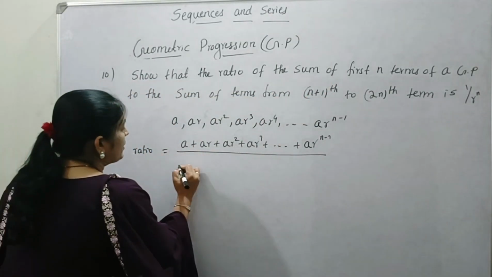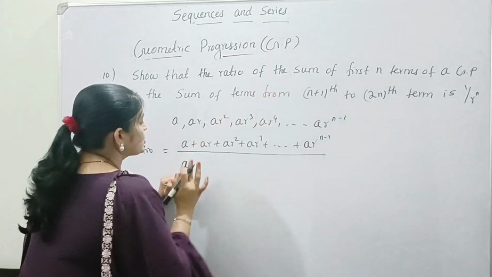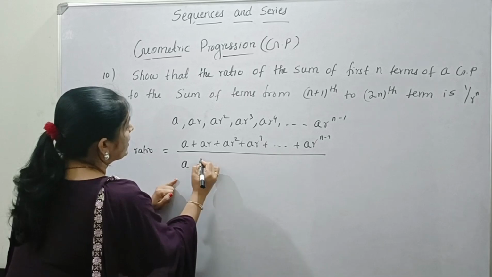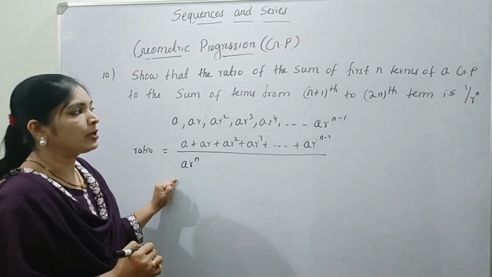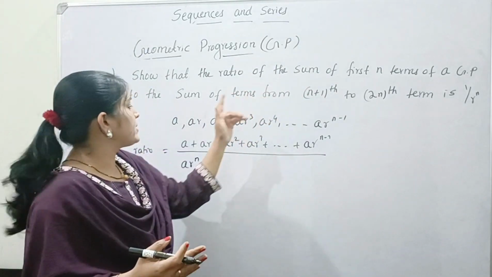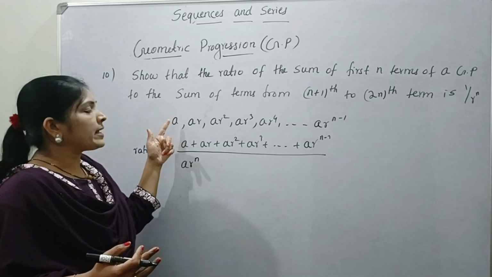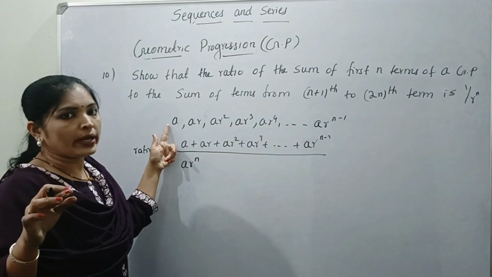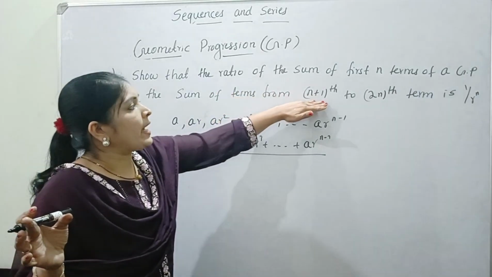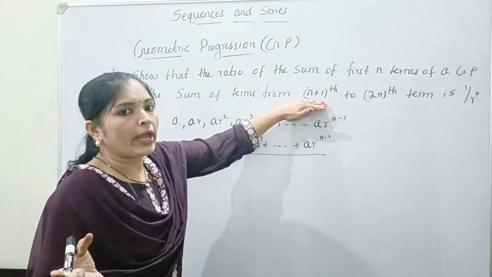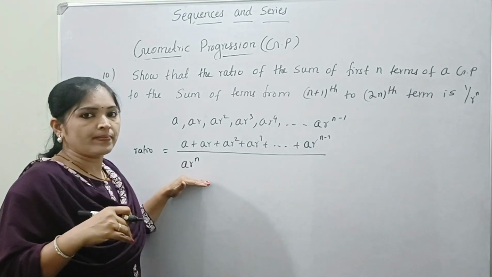Here, the sum is starting from n plus 1. So a into r raised to n, because for the first term there is no r, that means ar raised to 0, subtracting 1. So starting from n plus 1, the power of r will be n plus 1 minus 1, that is n.